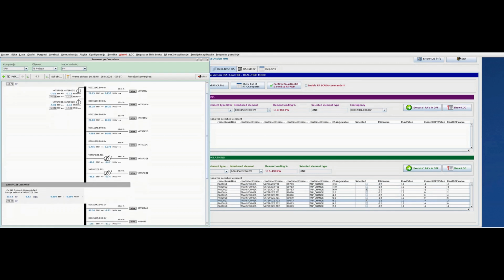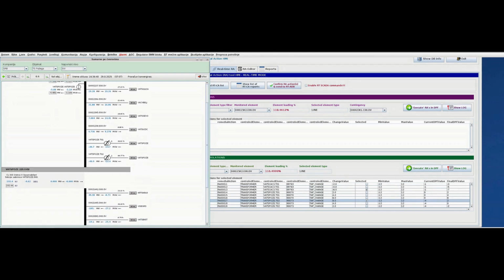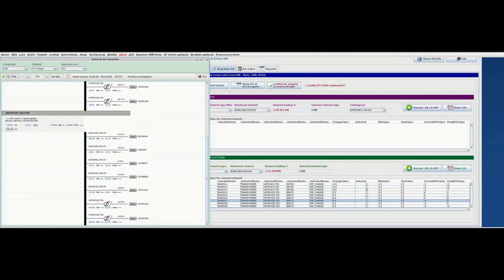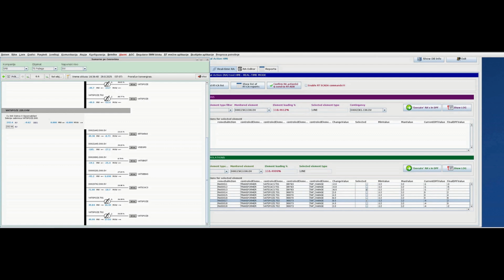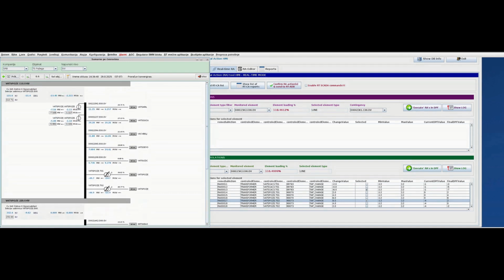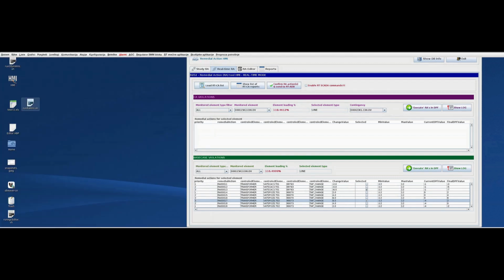As they look at the loading of the lines, they don't see anything that is overloaded, so they are deciding to apply those remedial actions. They are firstly going to need to enable SCADA commands before they confirm the RAA activation.